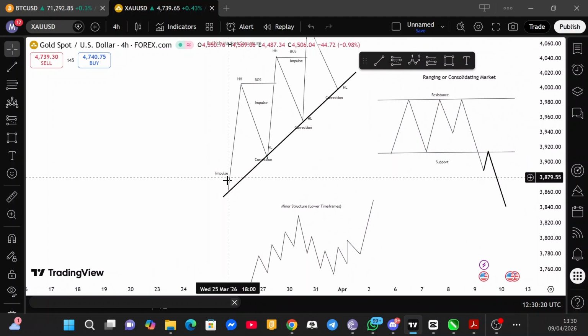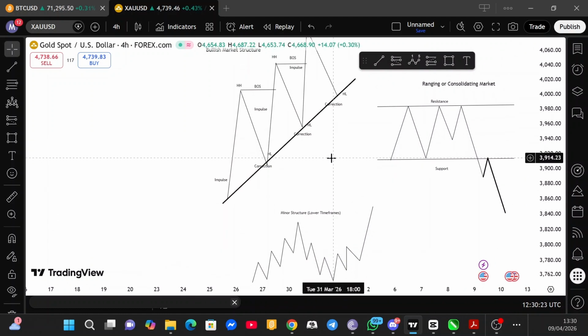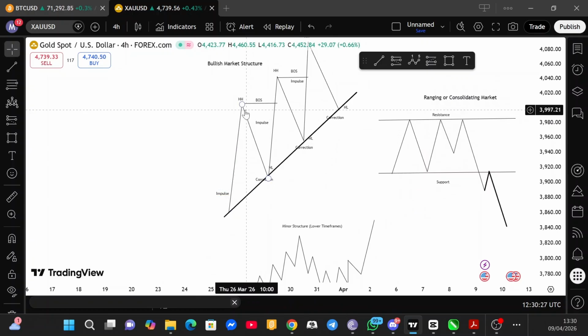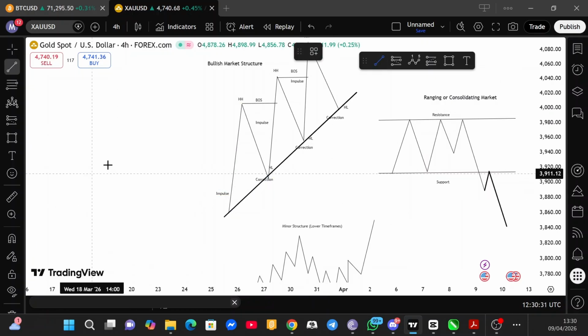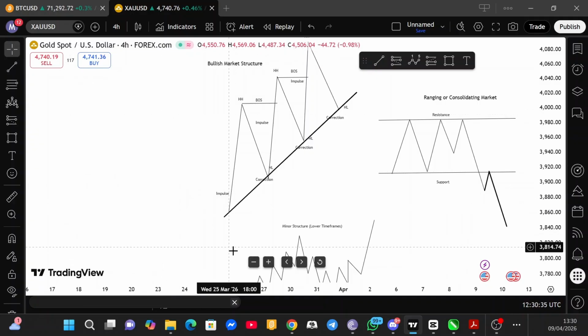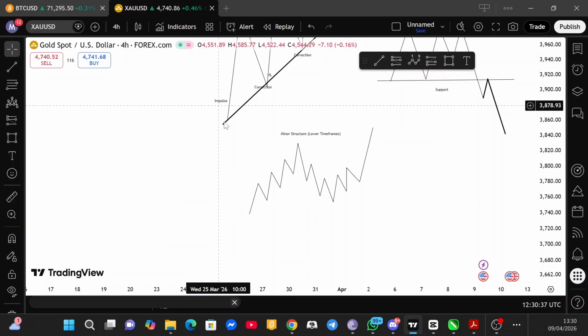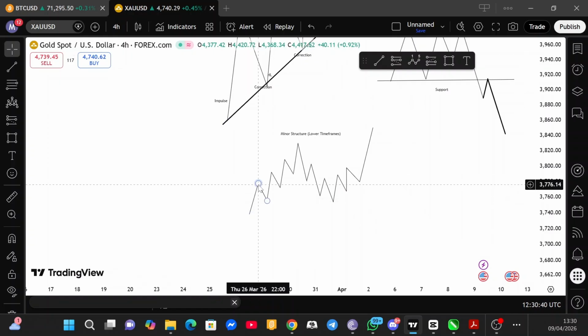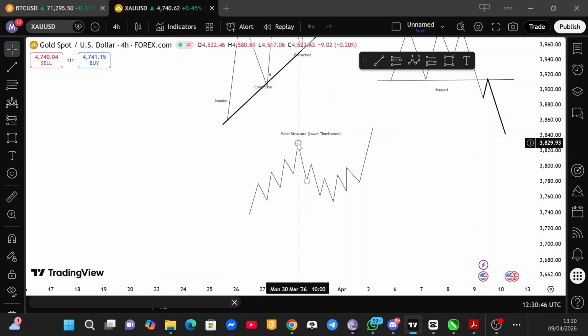Now you see, for instance, in the bullish market, you see the market moving to the upside. Now when the market is moving to the upside like this in the higher time frame, what you are going to see on the lower time frame is going to look something like this. This is how it's going to be creating this impulsive movement. It is going to be creating higher highs, higher lows, higher highs, higher lows, higher highs, higher lows, higher highs, right?